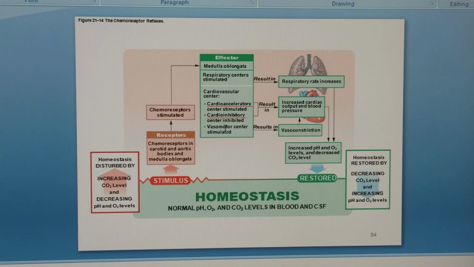With the vasomotor center stimulated, it creates vasoconstriction, increasing the cardiac output and blood pressure, leading to increased pH and O2 levels and decreased CO2 levels. Okay, so we're getting back to homeostasis.